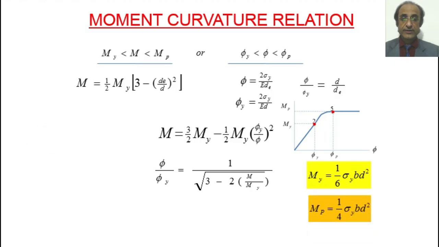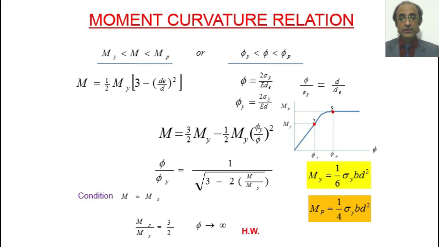So we know their ratio is 3/2. If we input this value under the condition that we have reached the plastic moment, then the curvature will come out to be infinite, and this shows that our equation is correct.